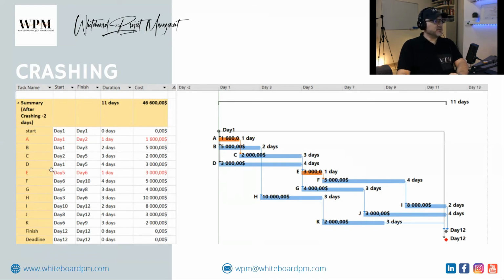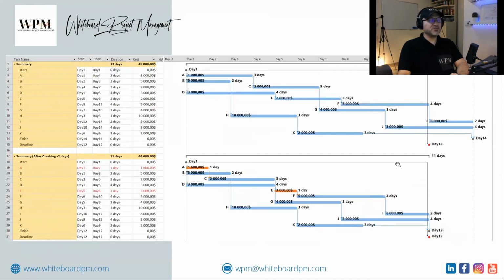You can see here the activities which have been crashed. The new cost is added here, and the total cost is now increased. Side by side, if you put both time schedules, which was before crashing for 14 days with its cost, and the new crashed time schedule with minus 2 days, with the activities of minimum cost of crashing, the cost of the project is 46,600.